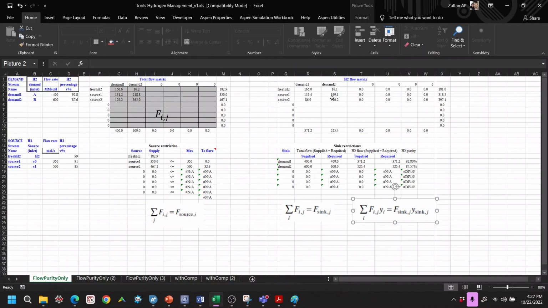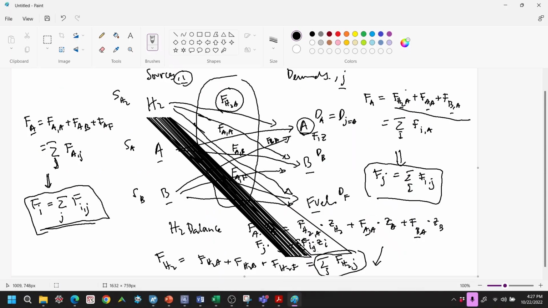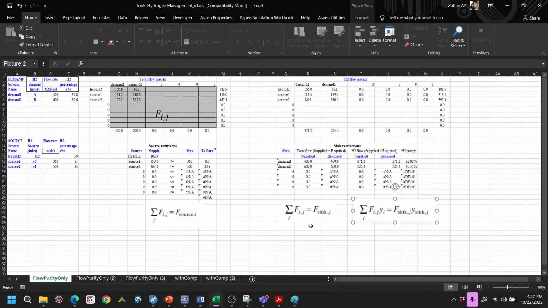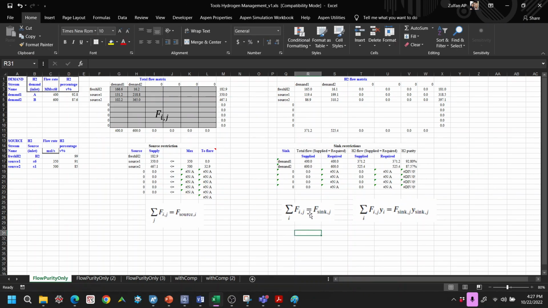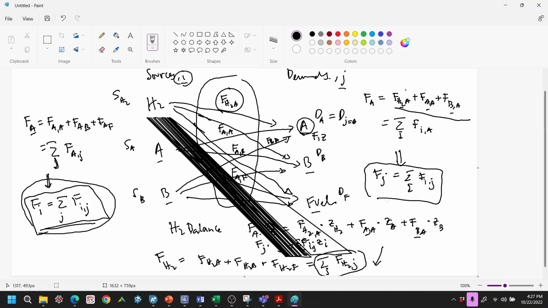So this is basically the Fij, which we don't know, and this is the source restriction, which is for every I, the summation over every j, which is this one. For every I, that's the source restriction, and we also have a demand restriction for the sink. Whatever comes in has to equal what is required, which is this one.